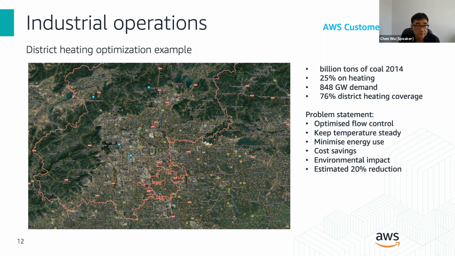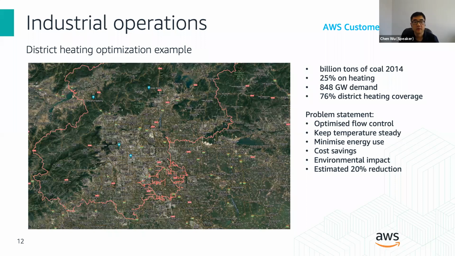So obviously there are maybe hundreds or thousands of valves that you can control. The issue seems to be that the operators sometimes cannot accurately predict the weather condition. So if suddenly the temperature drops, there are a lot of complaints that it is not warm enough.